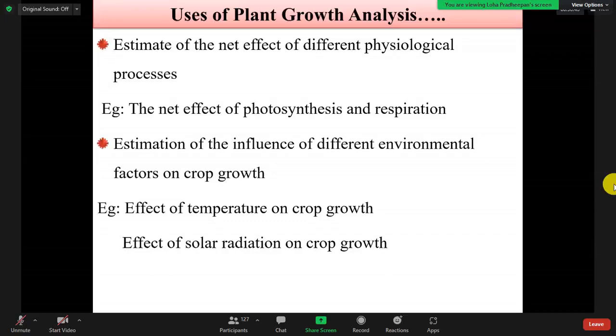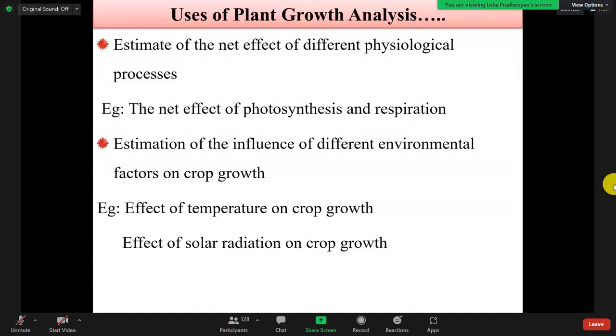By doing some practices, we can study how these physiological processes work, for example photosynthesis. For photosynthesis, what parameters are needed? Normally light is required, then carbon dioxide is required, then water is required. So by supplying different levels of light, we can see how photosynthesis is affected.